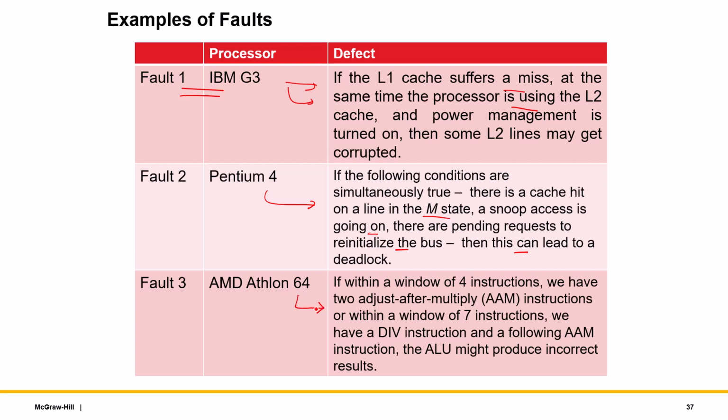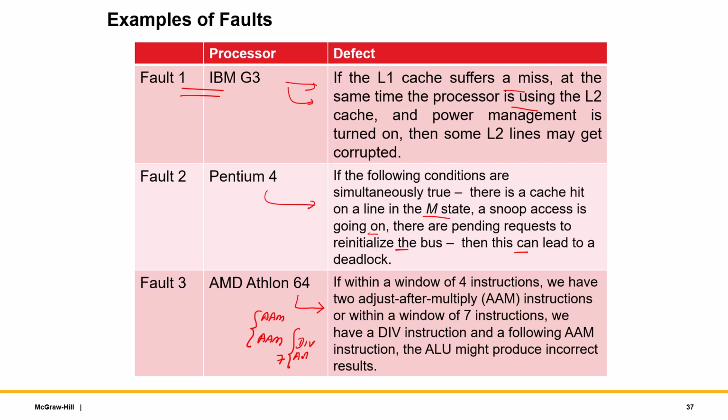AMD Athlon, well, this is slightly different because these were events that are concurrently true in the same clock cycle. But this basically says within a window of 4 instructions, if you have an AAM, adjust after multiply instruction, something bad can happen. The ALU can produce incorrect results, or if within a window of 7 instructions we have a div followed by an adjust after multiply instruction, then also something bad can happen.